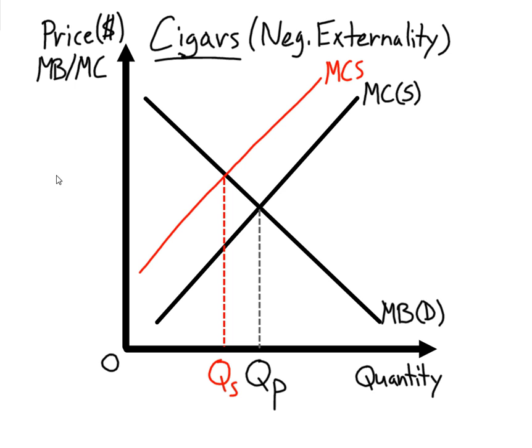So now I've added the cost from the perspective of society. At every quantity, society sees that quantity of cigars producing a higher cost than what cigar smokers see the cost. That's why we've drawn this curve for marginal cost to society above what the private market or the supply of cigars would ordinarily be at. And now notice we still apply the golden rule. Where does marginal benefit equal marginal cost?